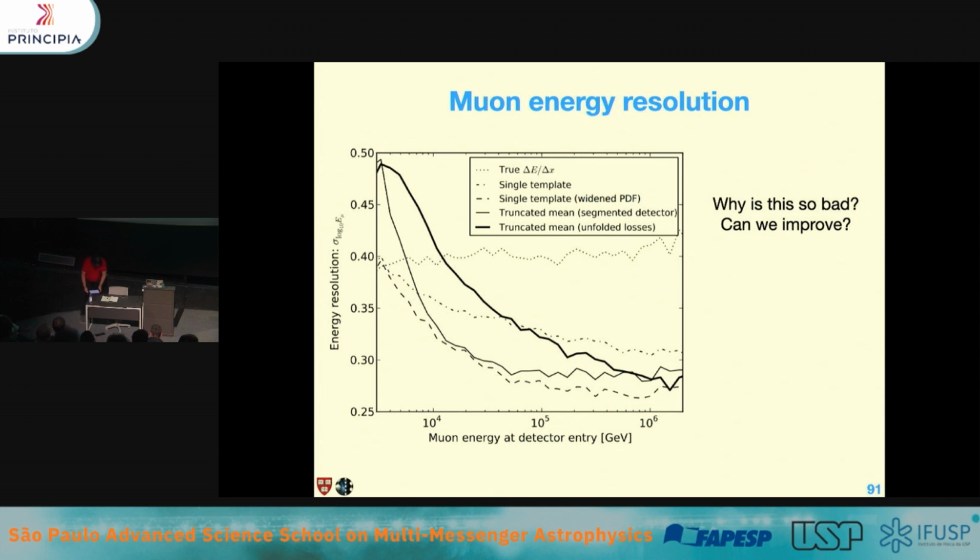So why is this so bad? Well, it's for two reasons. First of all, if the neutrino interacts outside of my detector, like that, there is some energy loss here that there is no way I can figure out because it interacted outside.